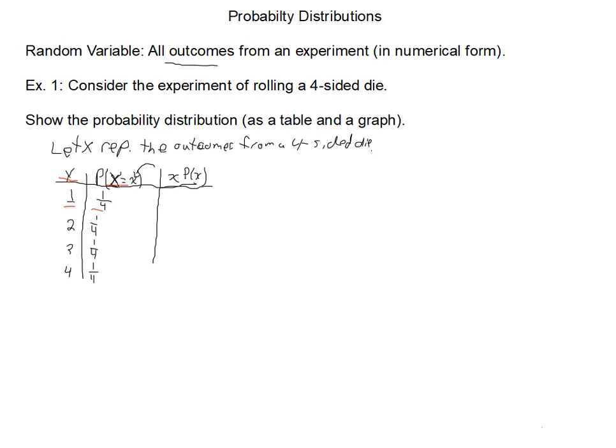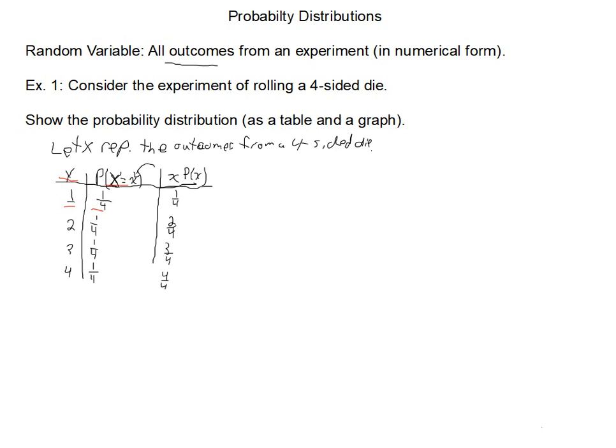I'm going to leave it for now as a common denominator. 1 times 1/4 is 1/4. 2 times 1/4 is 2/4, which I know you know is the same as a half. I'm going to leave it as fourths because that will help us shortly. So we'll get 3/4, and then finally down here we'll get 4/4.